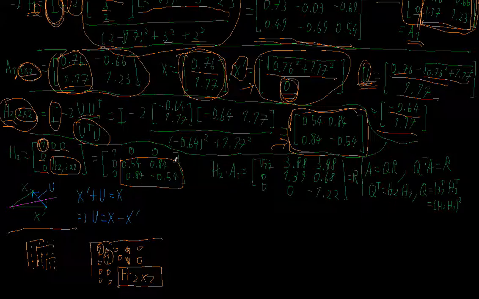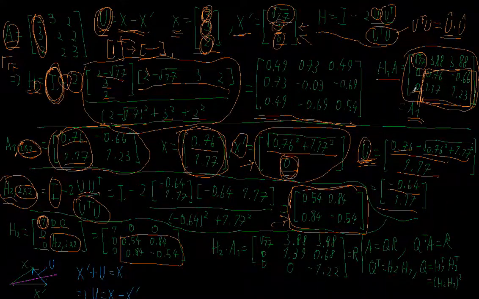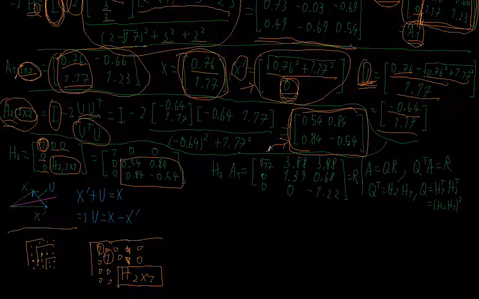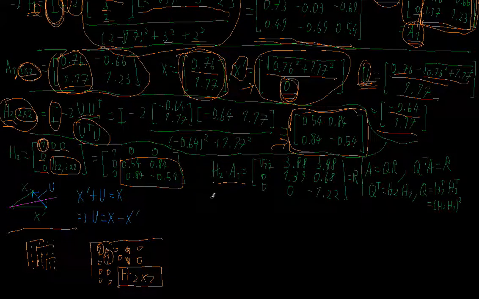And so if we apply it to A sub 1, which was the result of H sub 1 times A, which was the result of our first Householder transformation, this H sub 2 times A sub 1 is simply H sub 2 times H sub 1 times A. This H sub 1 times A is our A sub 1 that we defined here.